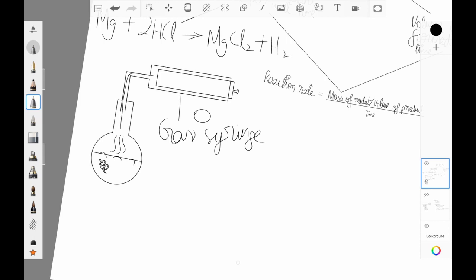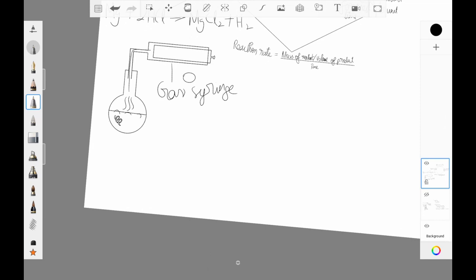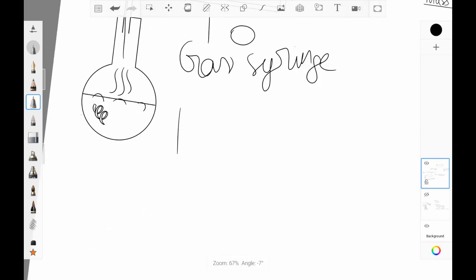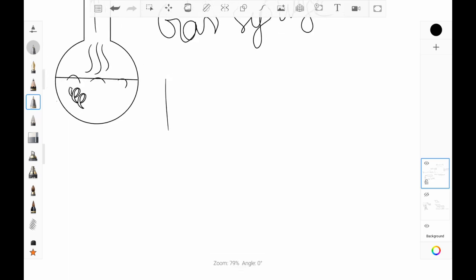So that's the first method done, and you can actually represent your values graphically. So let's say at 1 second, 0.2 centimeter cubes of gas had been formed. At 2 seconds, it was 0.4.